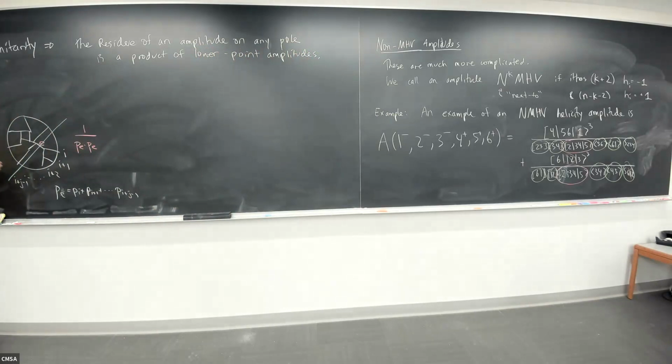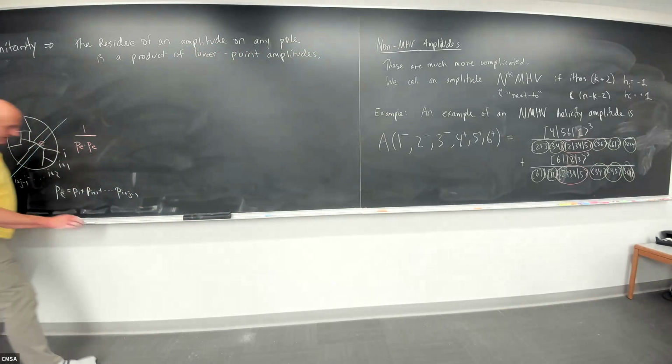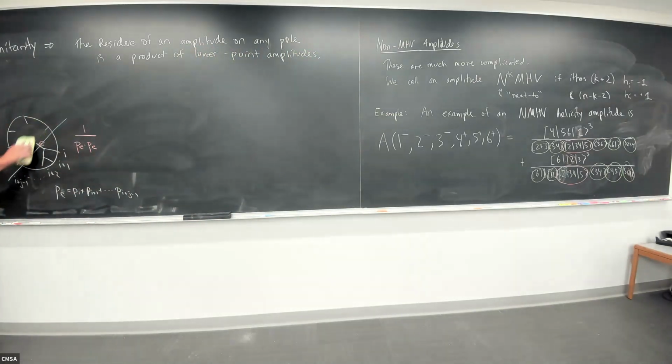If I wanted to know if this was one of the Feynman diagrams contributing to some n particle amplitude, and I wanted to know what is the residue of that amplitude on some pole of this form, first of all, I would take the subset of all Feynman diagrams that have this propagator. We typically denote that by, suppose this is an n particle amplitude, you fill this in with a blob, and we fill this in with a blob.